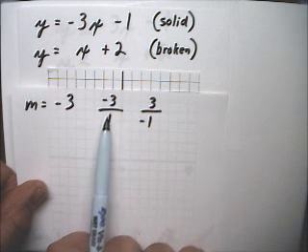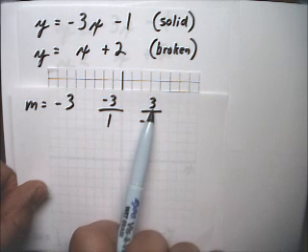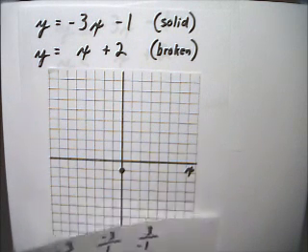And now the negative 3 coefficient of the x means that the slope is negative 3. So I can go down 3 and to the right 1, or I can go up 3 and to the left 1.